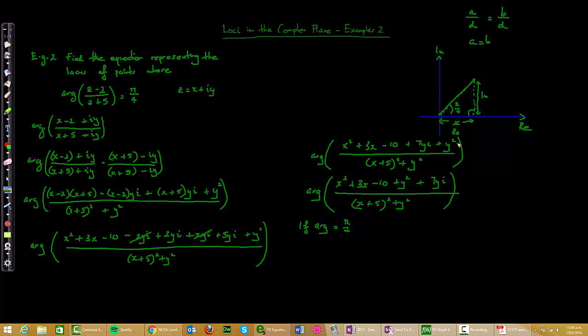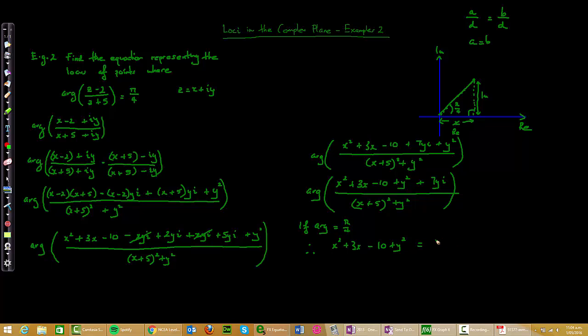So if our argument is pi over 4, it means that that real distance is equal to that imaginary distance. So from this we can say that that real part there, and I am aware it's over that denominator, but as I've just mentioned, the real and imaginary part are both over the same denominator.